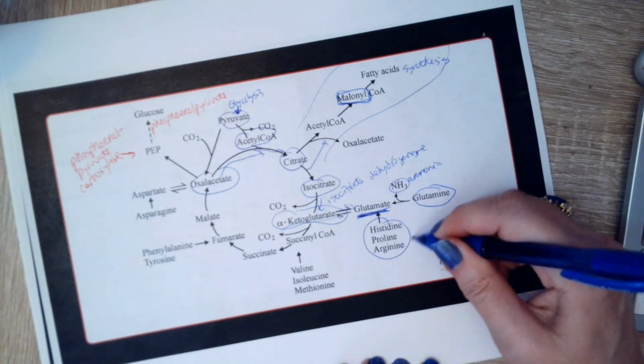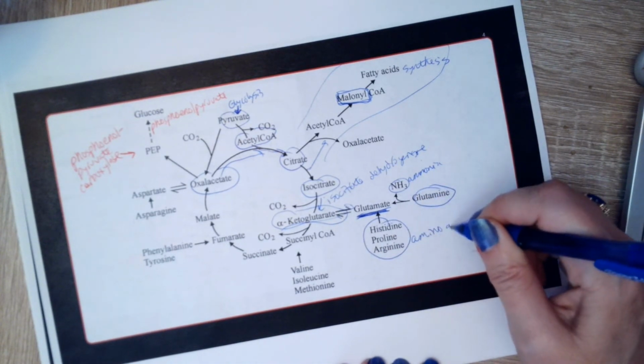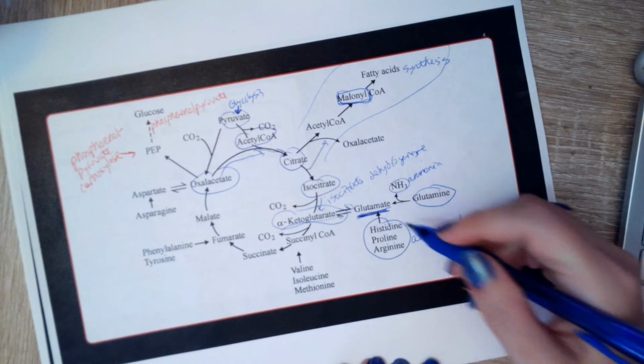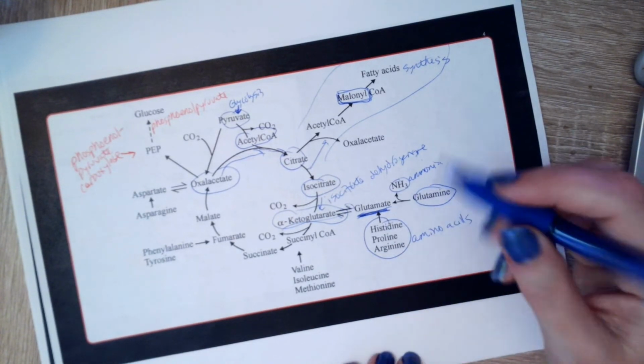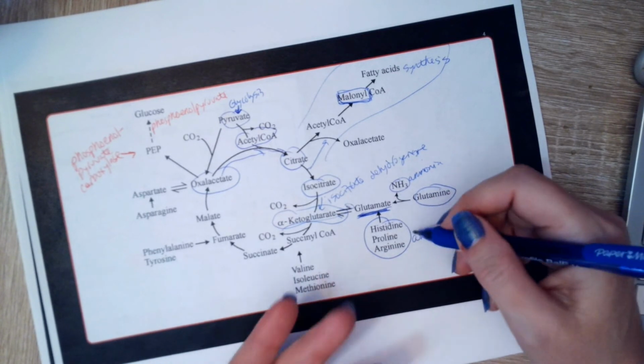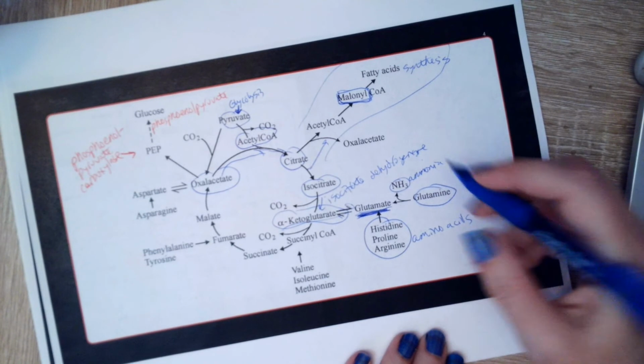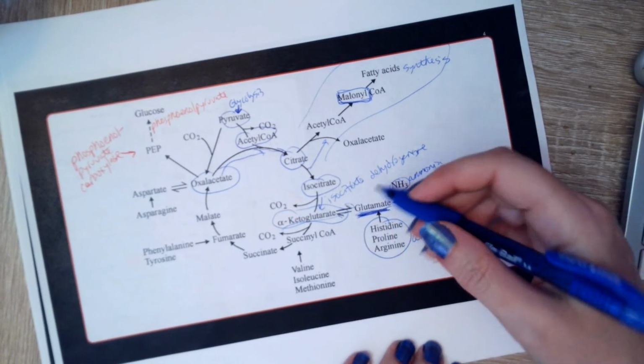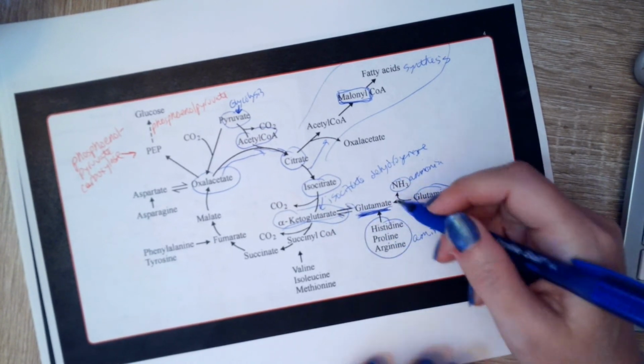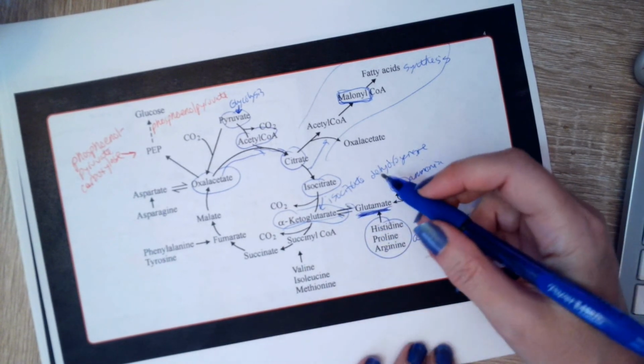These are all amino acids that can feed into the production of glutamate. So these are particular amino acids that are used to create the glutamate molecule, and then they can be taken off, exchanged, transaminated.